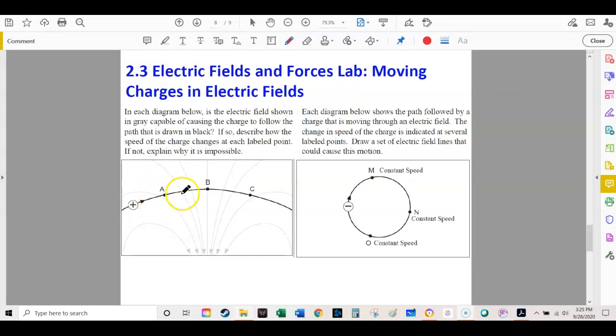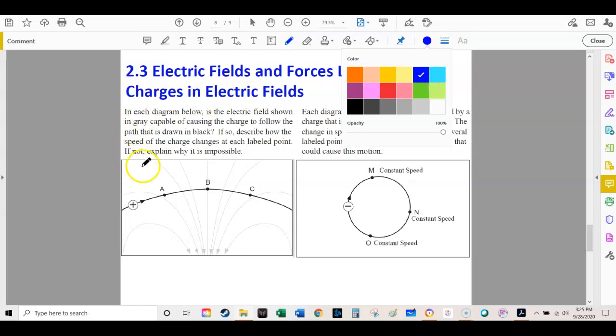Notice this is interesting. This left one is that this electric field is going from being weak. So notice the electric field is really far apart here, and then the electric field line density is getting closer and closer and closer, right? And then over here at C, I'm going to say this is high density, and I should use blue to describe the electric field.